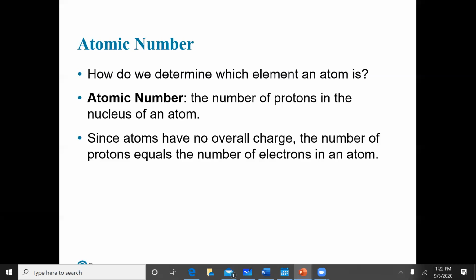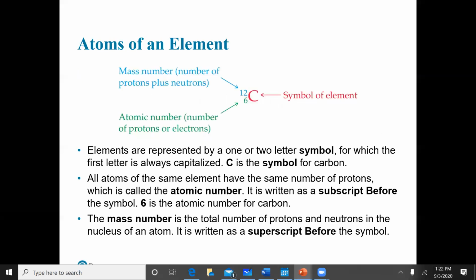All right, so if I have 6 protons versus 7 versus 8, those are all going to be different types of elements. So when writing out my symbol here, this is carbon. It has 6 protons. Its atomic number is 6. If I put the mass on the top here in the upper left-hand corner, this is the number of protons plus the number of neutrons.